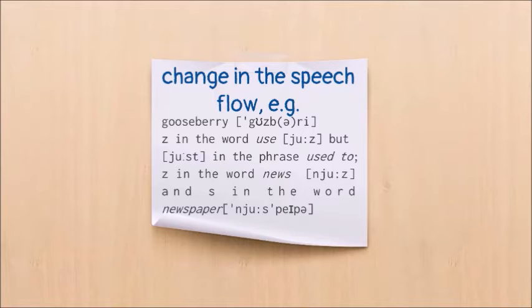Positional changes of sounds might be very different from your native language, but we tend to impose our native-like patterns when speaking English. For example, in my native language, Belarusian, and it also concerns some other Slavic languages, voiced consonants become unvoiced at the end of the word.